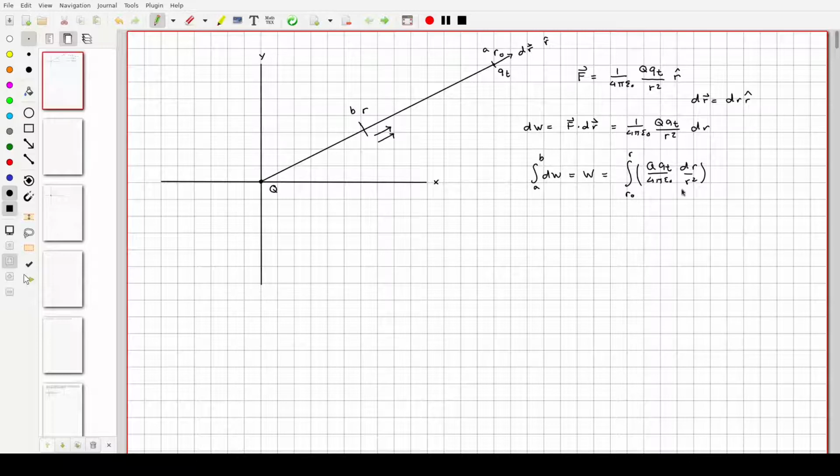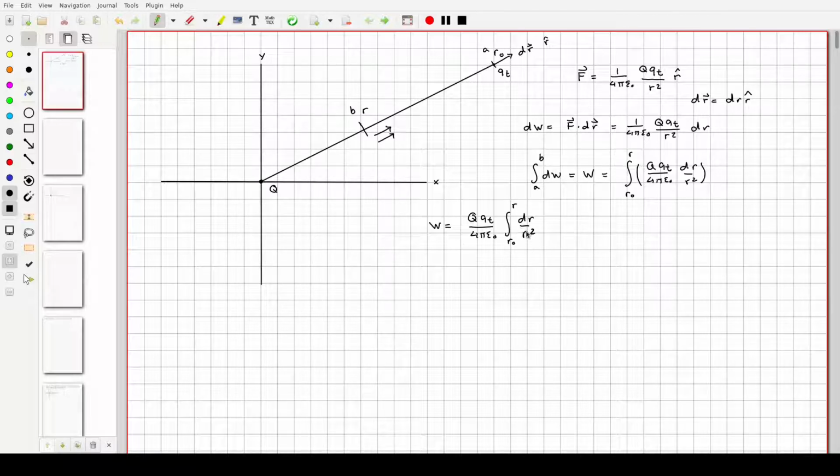Now, most of the stuff within the integrand is a constant, and I can pull all that stuff out. So my work here would be big Q, little q sub t over 4 pi epsilon naught. And what actually needs to be integrated from r naught to r is 1 over r squared.